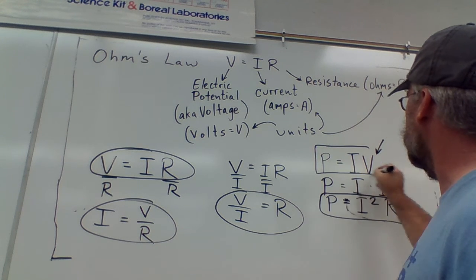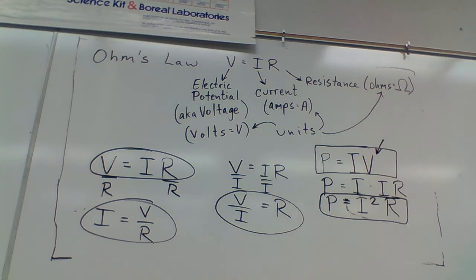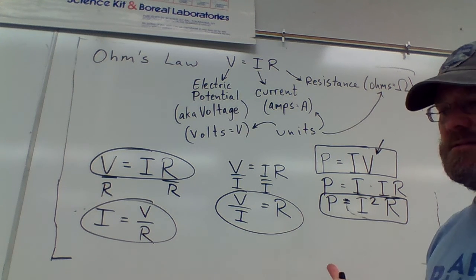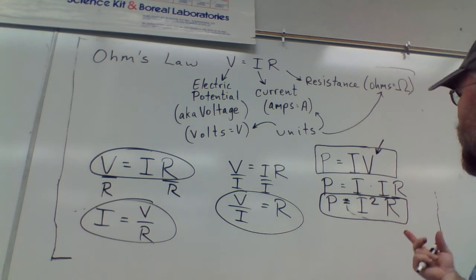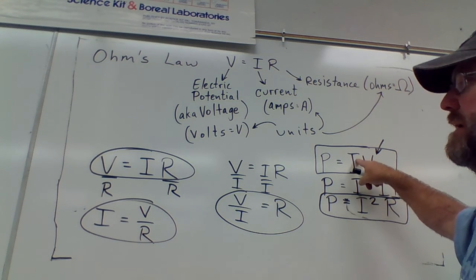P equals I squared R. P equals IV. We may also, like I said, know the resistance and know the voltage. In that case, we'd want to plug in, well, what is I?